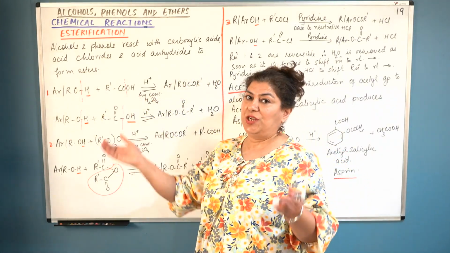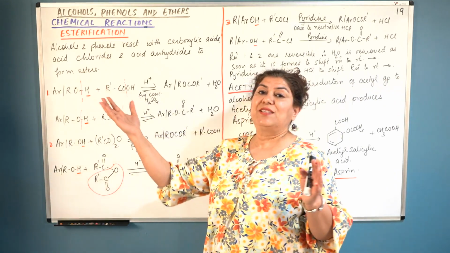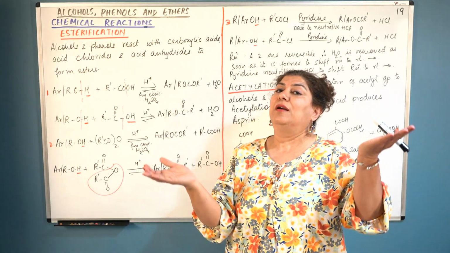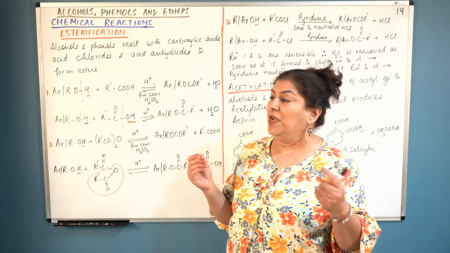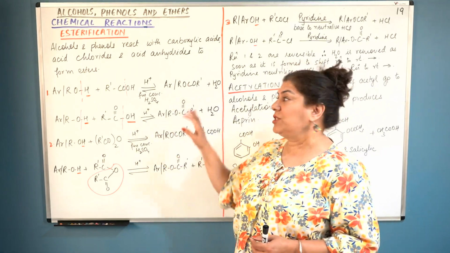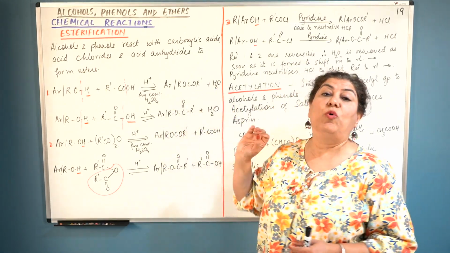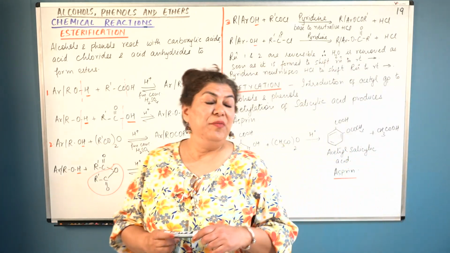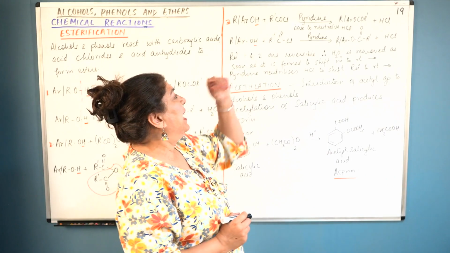Therefore, to match it, some of the reactant will form more product to regain the equilibrium. That is how you enhance the formation of the product, by immediately removing the water that is formed. Right? Then we come to the third category where we had pyridine.